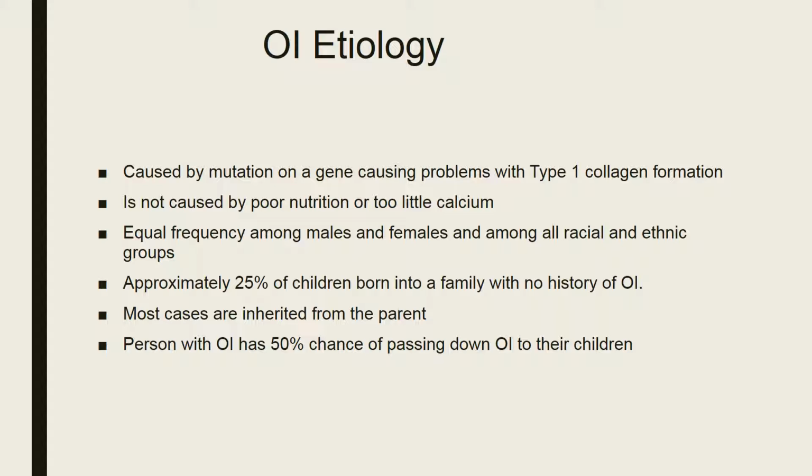However, most cases are inherited from a parent, who may not even know they're a carrier. A person with osteogenesis imperfecta has a 50% chance of passing it down to their children. So it has a pretty significant genetic component.